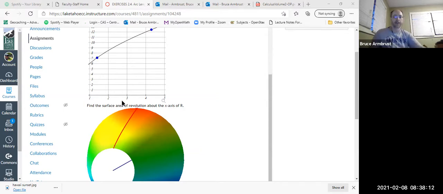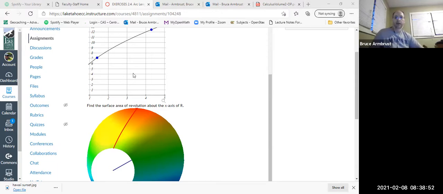Do you remember what I gave you as sort of the quick, easy thing to remember? It was forever ago. It was like last week, some point. So what we want to do is integrate 2 pi RL. So 2 pi RL is the general structure anytime you're finding surface area. That means we get to figure out the radius of the circles and then the arc length as well.